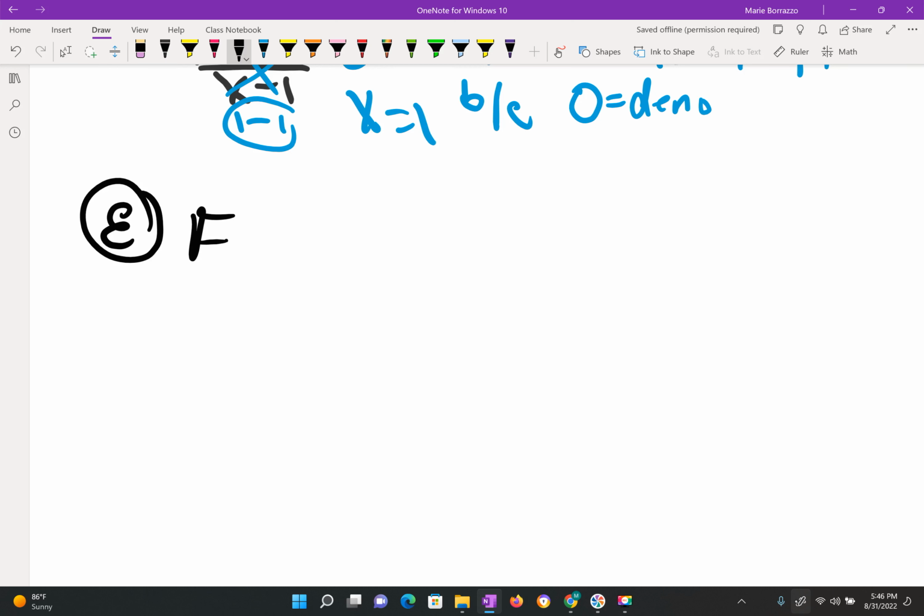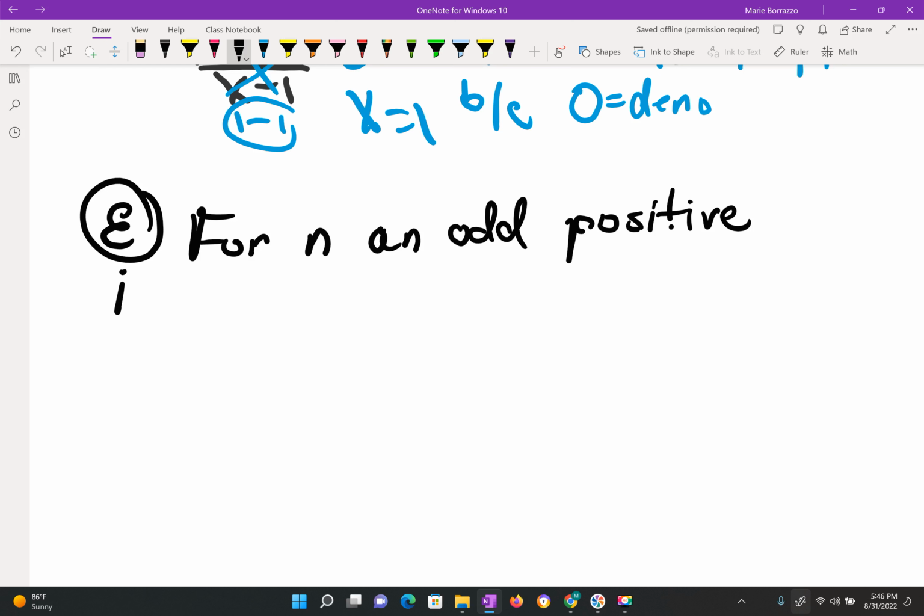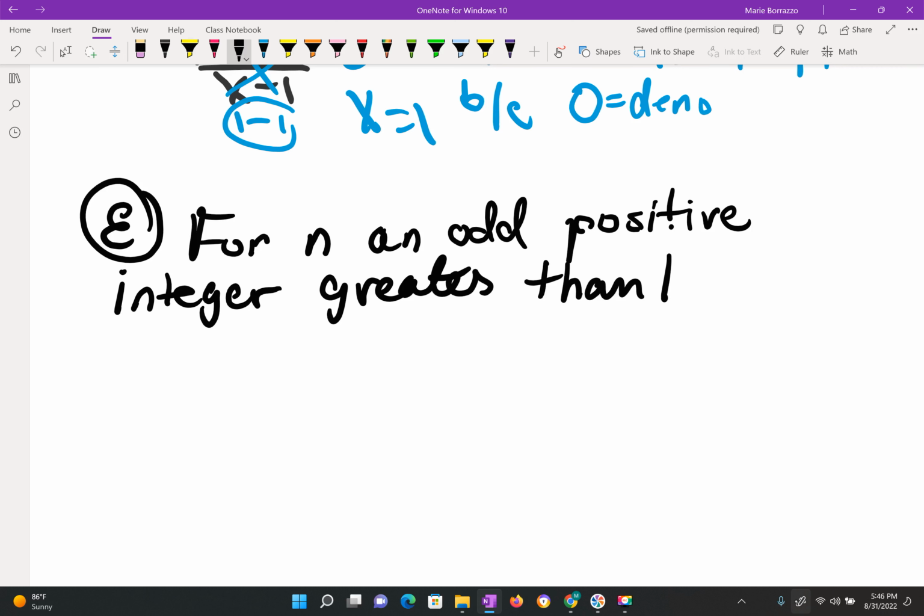So for n an odd positive integer greater than 1, we look at the nth root of f of x is continuous wherever f of x is continuous. So this takes a little bit of analysis.